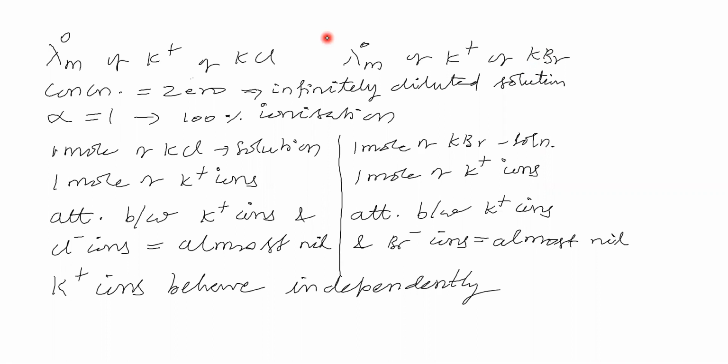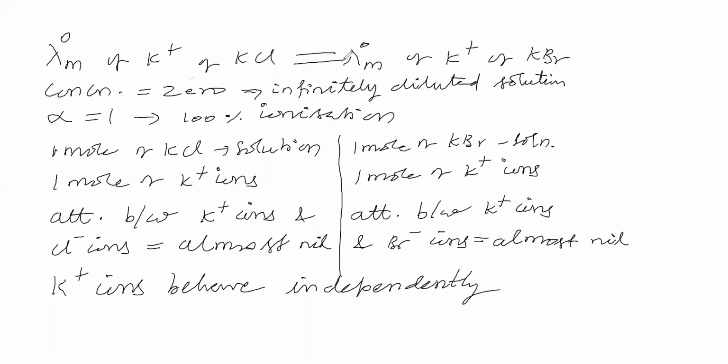Therefore, lambda m naught of K plus of KCl and lambda m naught of K plus of KBr, how will it be? Do you think same or different? You are saying they remain equal.